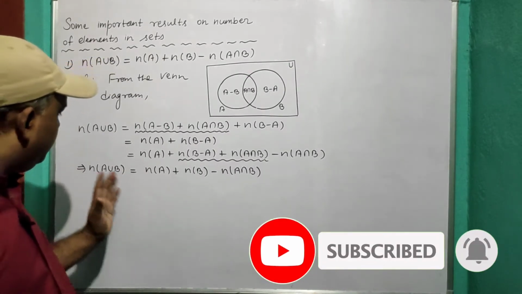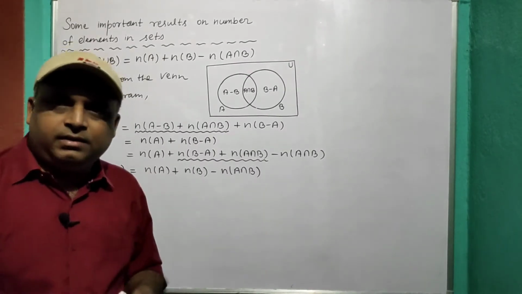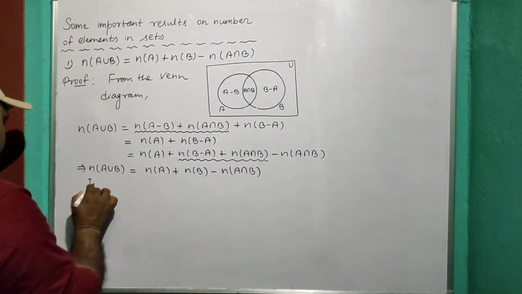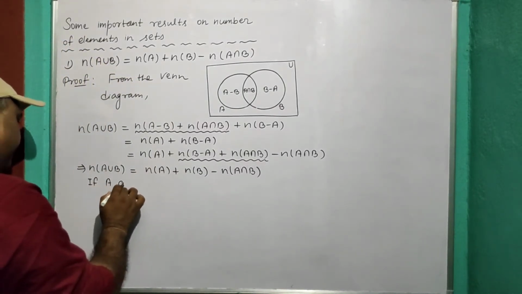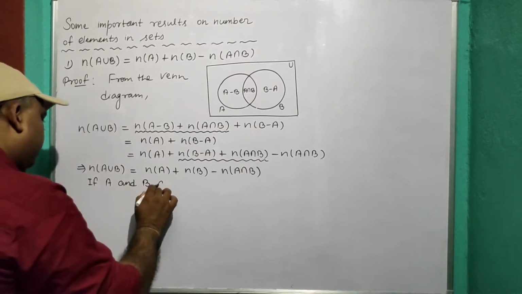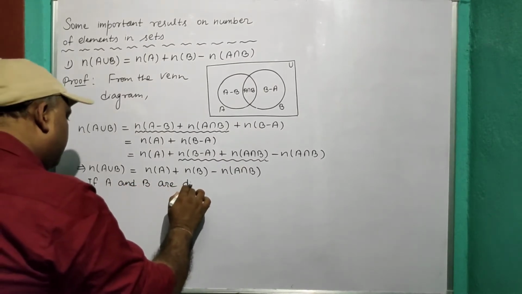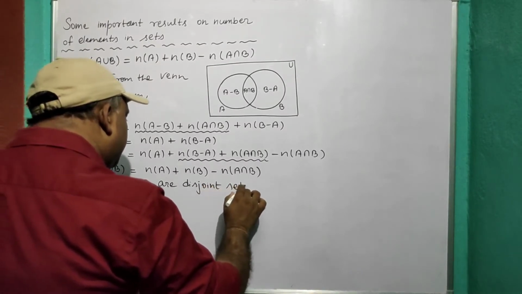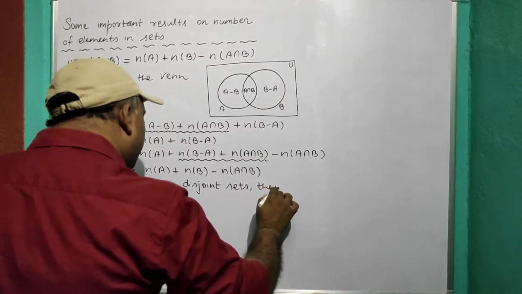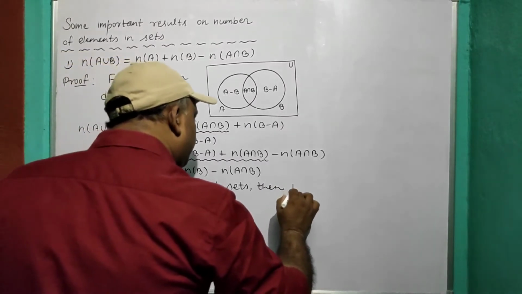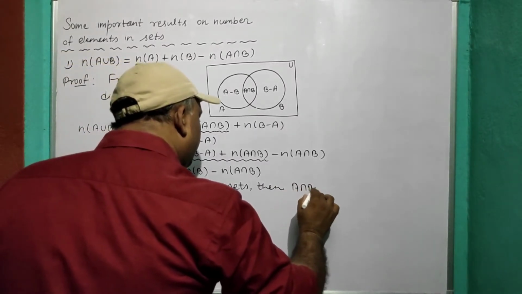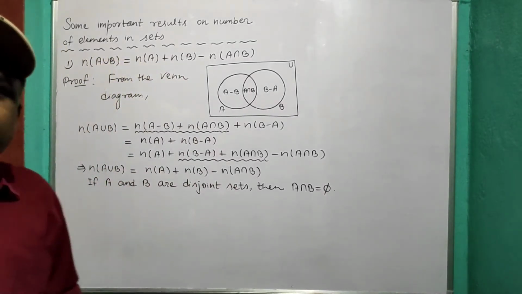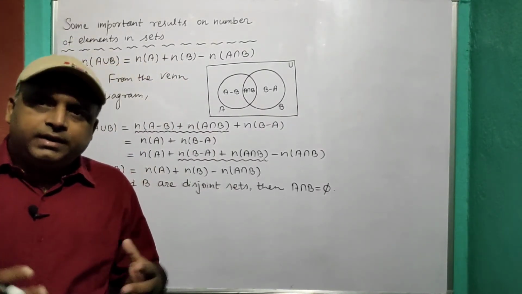Now if A and B are disjoint sets, let us see what happens then. If A and B are disjoint sets, then A intersection B is phi. You know that in case of disjoint sets, nothing is common.